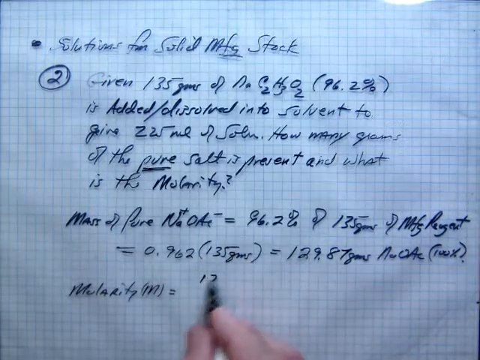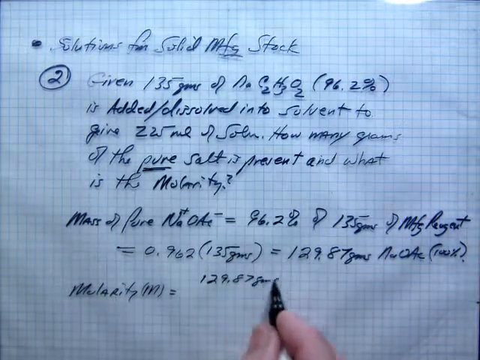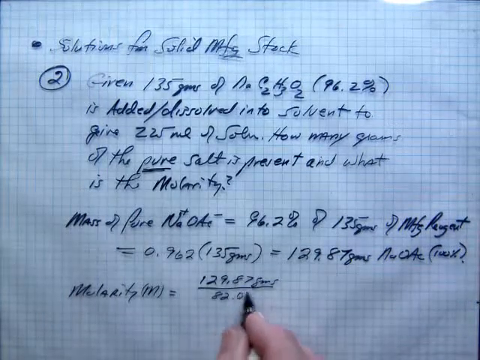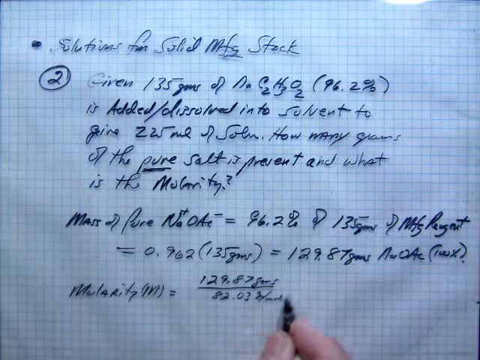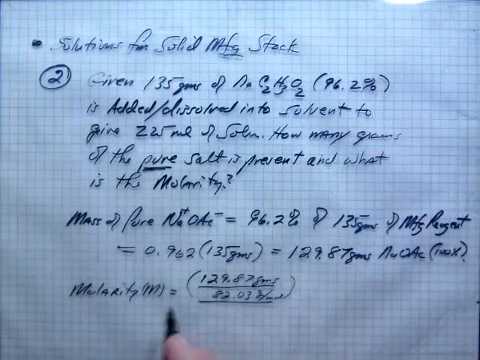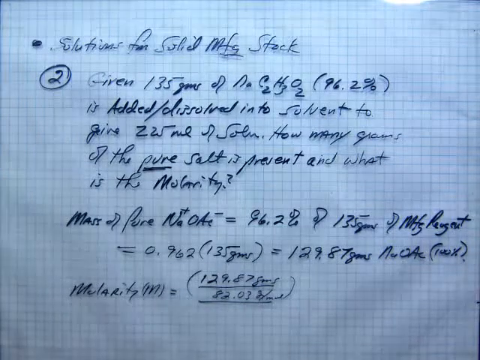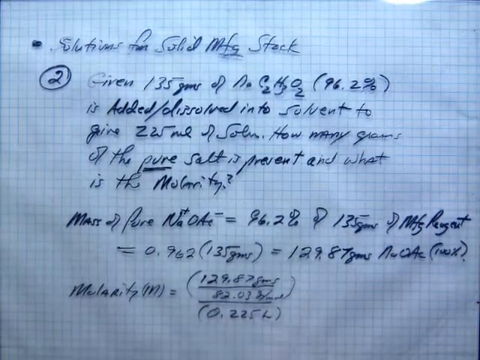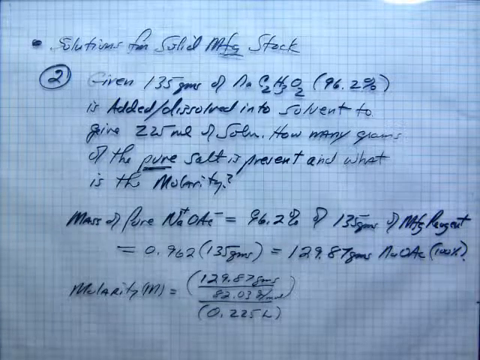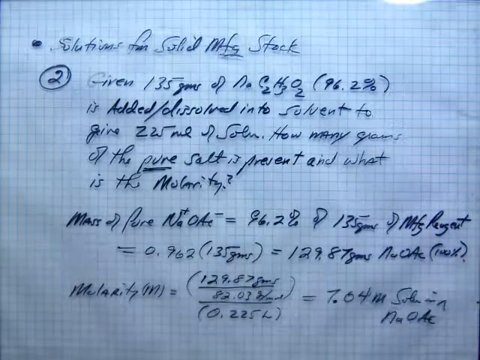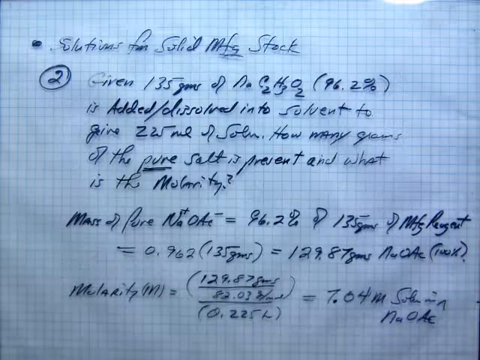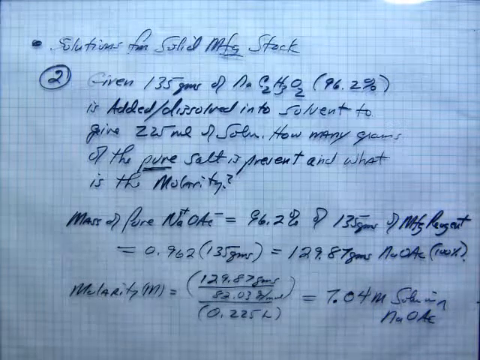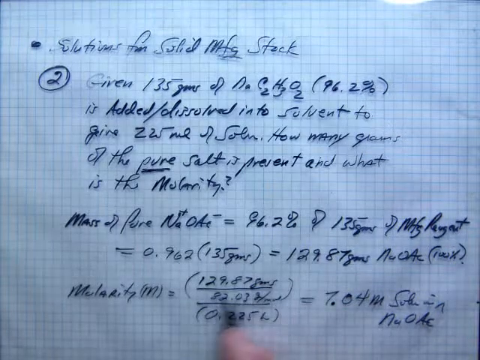So we have 129.87 grams of sodium acetate, and it is 82.03 grams per mole, and that's divided by 225 milliliters converted to liters. So I'm showing a 7.04 molar stock of sodium acetate.